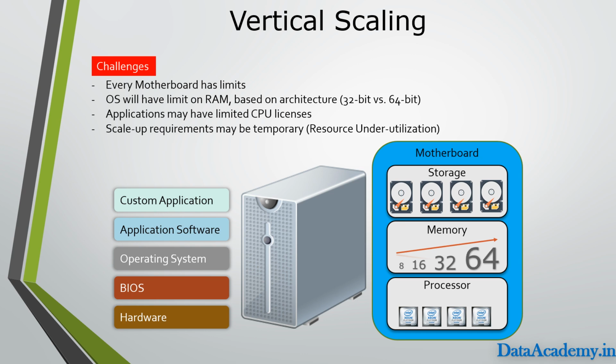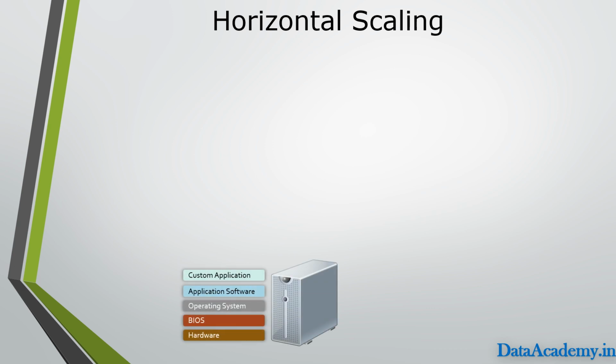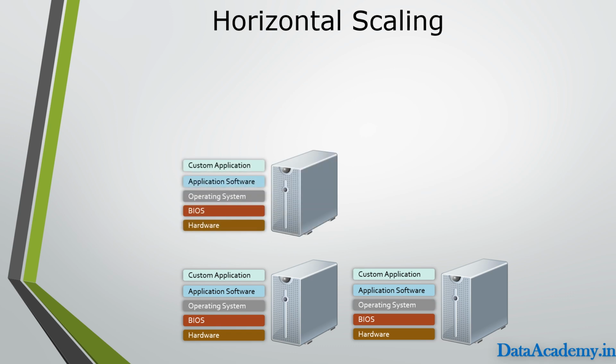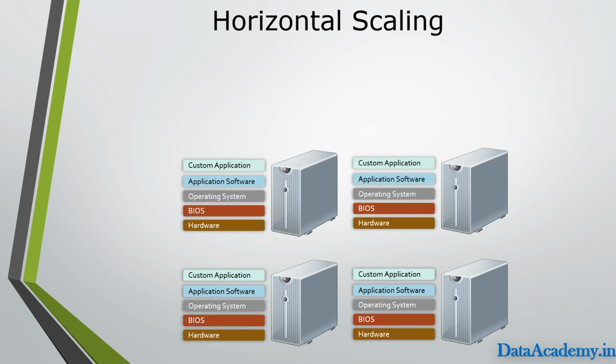Now, the next step is to do horizontal scaling. Horizontal scaling means we create copies of the machine. Okay, so here you can see this is taking the scalability of the system to the next level, where we know that we have met the limitations of the server.